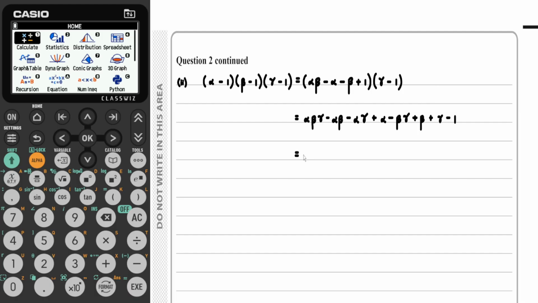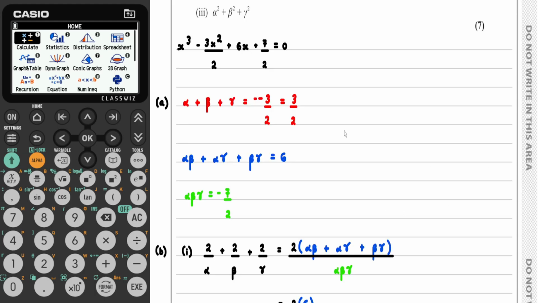And so we can rewrite this as alpha beta gamma subtract alpha beta plus alpha gamma plus beta gamma plus alpha plus beta plus gamma subtract 1.